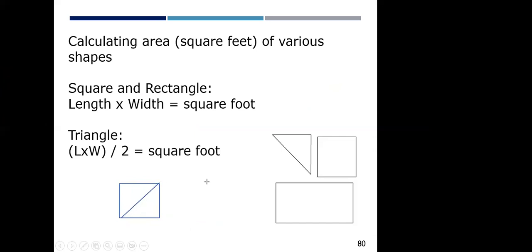You guys see that? I took the square, I chopped it in 2, I divided it by 2. And what am I looking at? I'm now looking at a triangle. So to find the square foot or the area of a triangle, we're going to take length times width and divide it by 2.